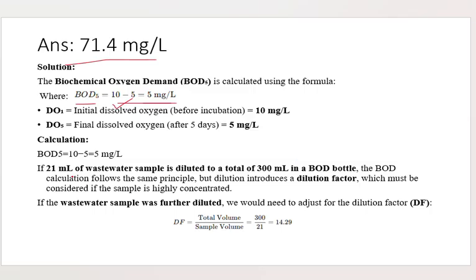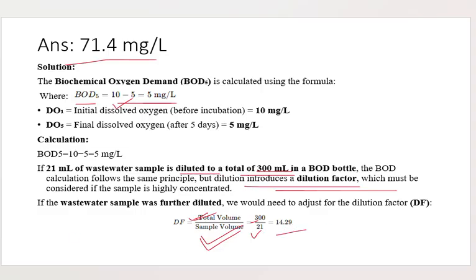If 21 ml of wastewater sample is diluted to a total of 300 ml in the BOD bottle, then the BOD calculation follows the same principle, but we need to add a dilution factor. How can we find the dilution factor? It is simple: total volume divided by sample volume. Total volume in the BOD bottle is 300 and the sample is 21. We divide 300 by 21, it comes to 14.29.